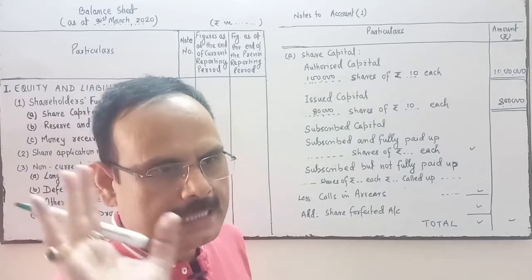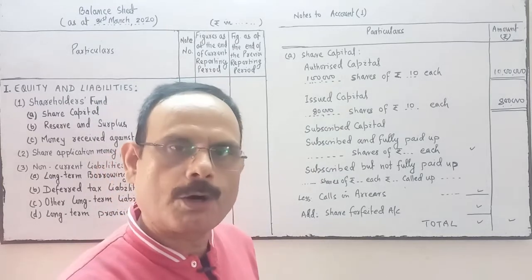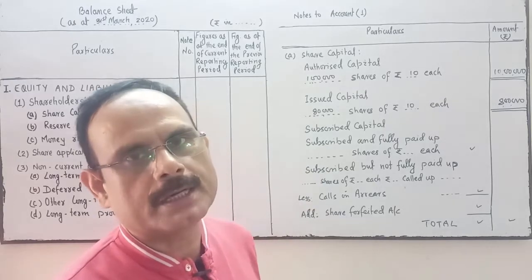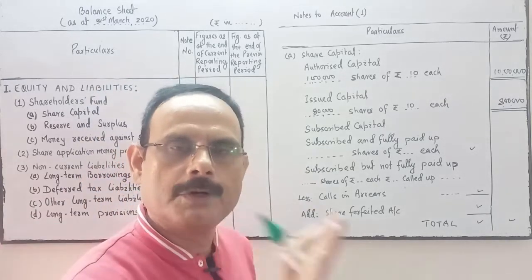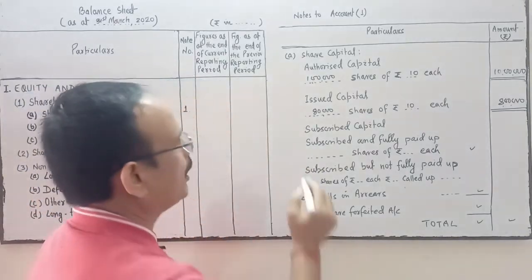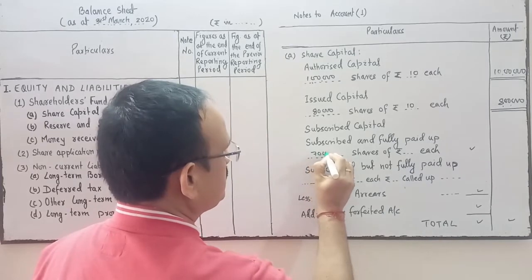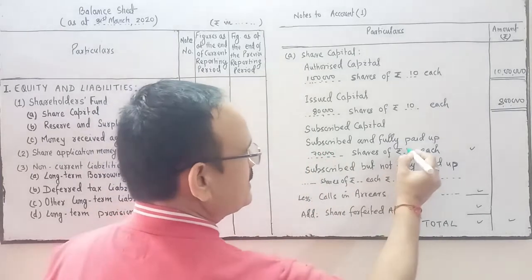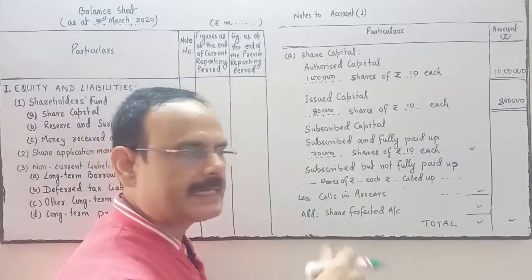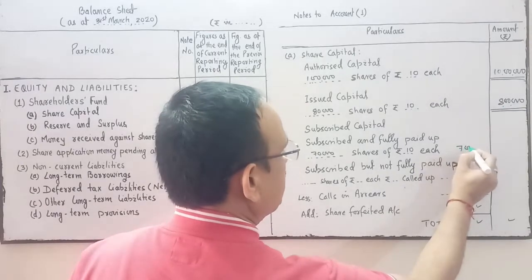Suppose out of 80,000 shares, 70,000 shares of rupees 10 each the company has subscribed and shareholders have paid the full nominal value, so it is 7 lakhs.